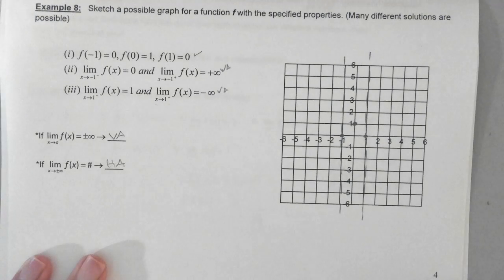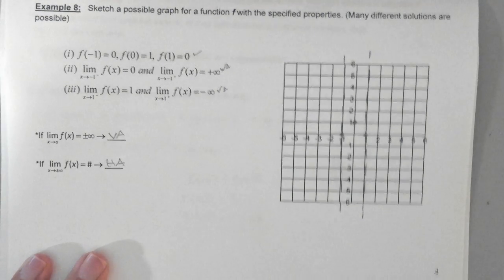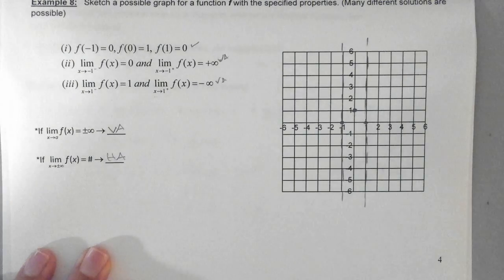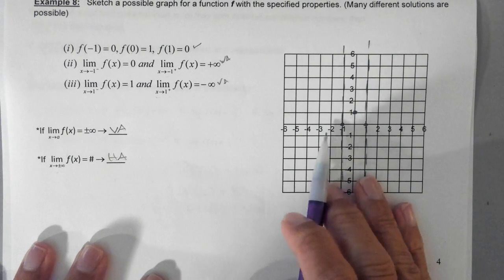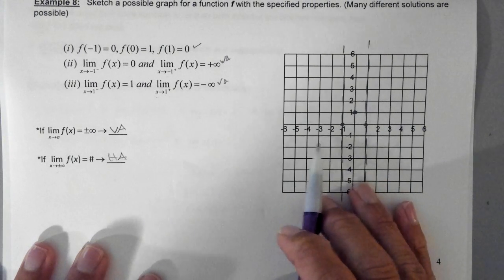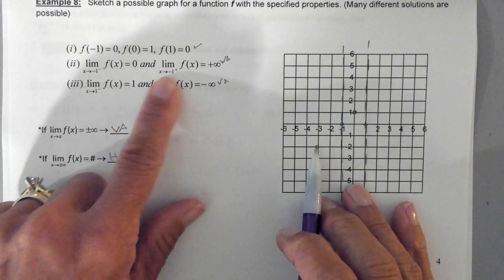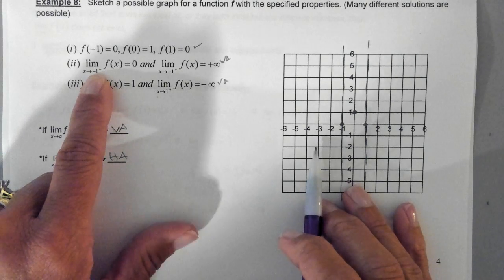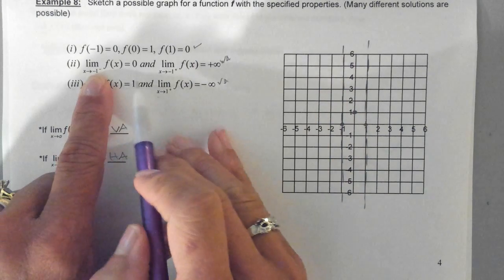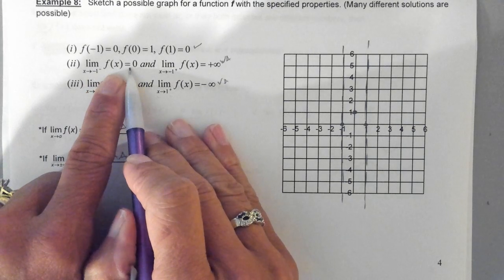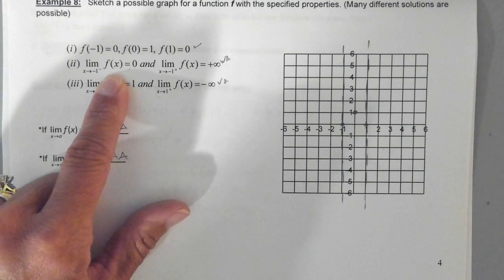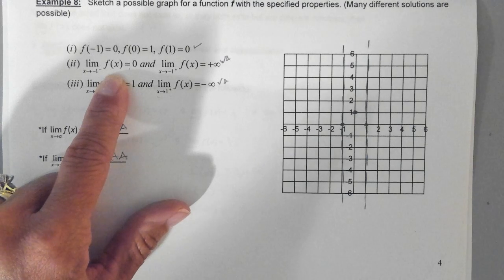Okay, so now we actually have to sketch the graph. And this is just me, you can do it however you want. I like to work from left to right. So what is happening to the graph from the left to the right? Any value that's going to be less than or equal to -1. So I'm looking at any statement that has a -1. Here we're looking at the limit as x approaches -1 from the left, meaning I'm coming from this side. It's saying that the value is equal to 0, meaning whatever my graph looks like, a line, a curve, anything, it needs to approach 0 from the left.